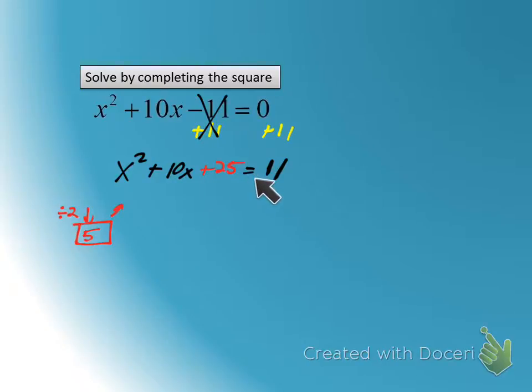This is an equal, which makes this an equation. And if I'm going to add 25 to one side, I better add it to the other side. Because you need a 25 there to factor. So whatever goes here also needs to go over here.